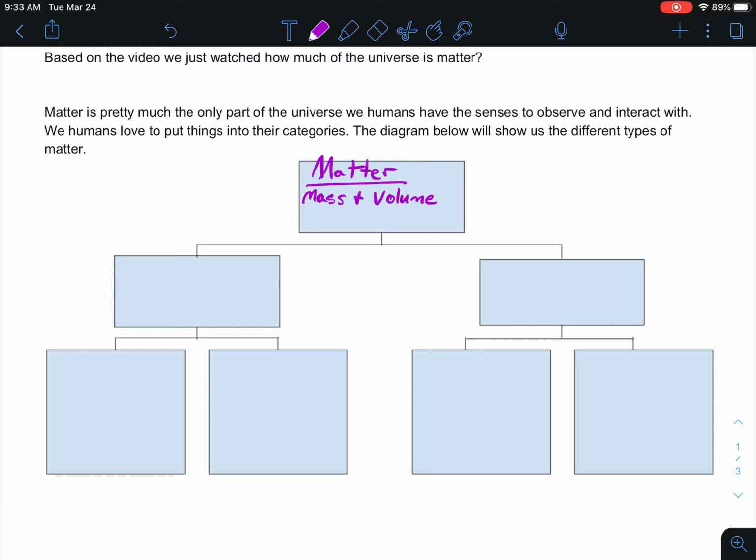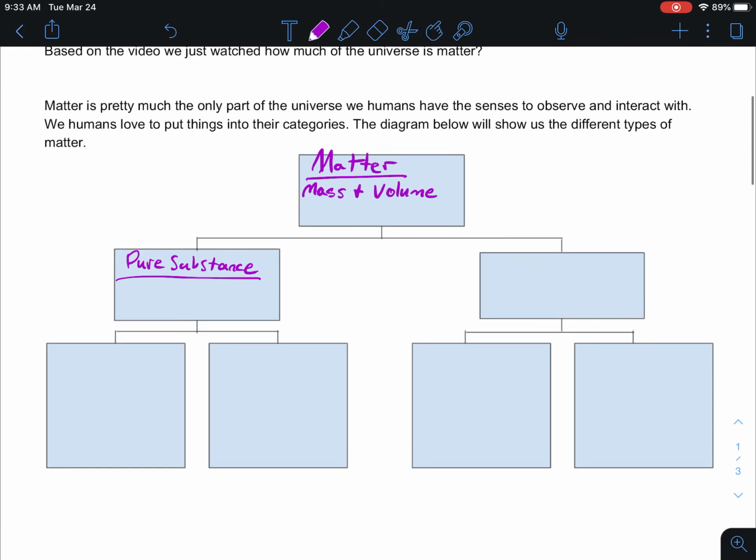The 2 broadest categories matter can be split into. We can go one way or the other, but we can't go both. One of them is pure substances. Pure substances, all particles are the same.